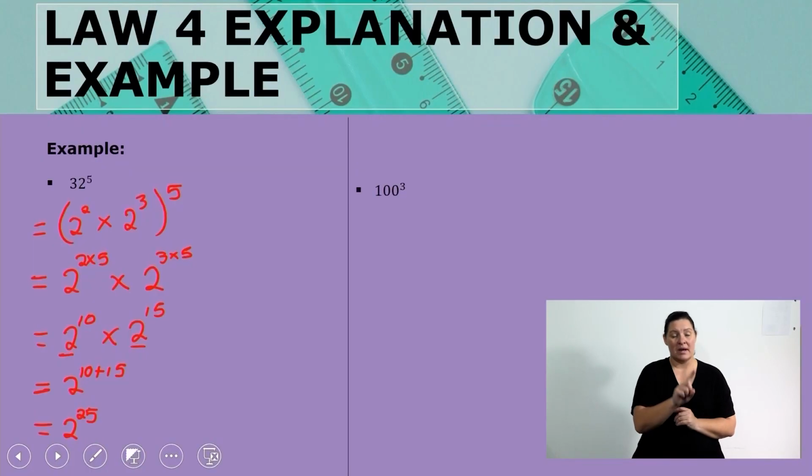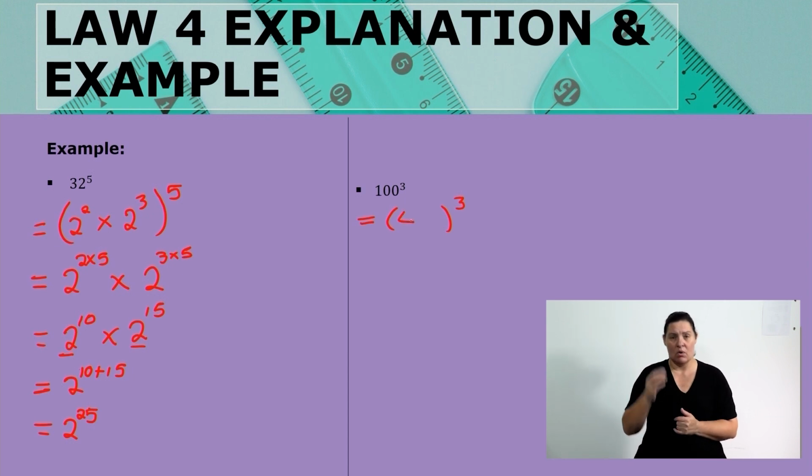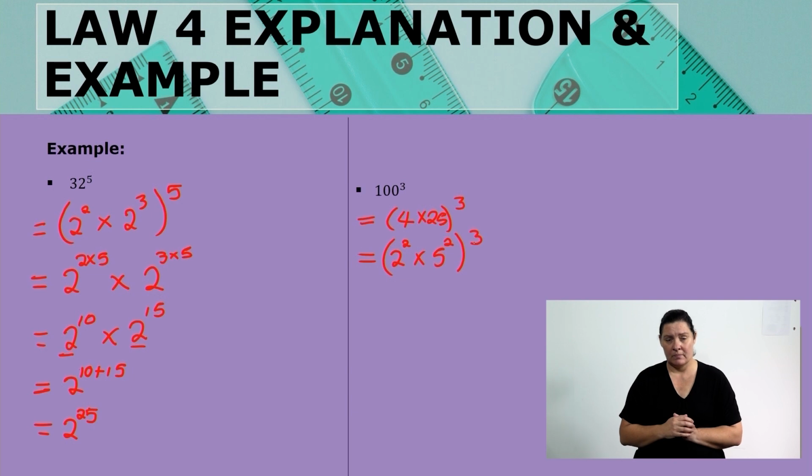Let's move on to our next example, and that is 100 raised to the exponent 3. So how are we going to break up 100? Because it will still be raised to the power of 3, to the exponent 3. And 100 we know is 4 multiplied by 25. And if we want to break those numbers down further, 4 is 2 to the exponent 2 multiplied by 5 to the exponent 2, and that is all raised to the exponent 3.